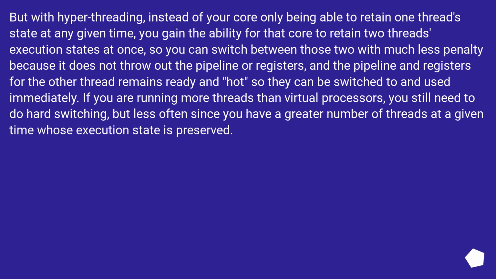But with hyperthreading, instead of your core only being able to retain one thread state at any given time, you gain the ability for that core to retain two threads' execution states at once, so you can switch between those two with much less penalty, because it does not throw off the pipeline or registers, and the pipeline and registers for the other thread remain ready and hot so they can be switched and used immediately. If you are running more threads than virtual processors, you still need to do hard switching, but less often since you have a greater number of threads at a given time whose execution state is preserved.